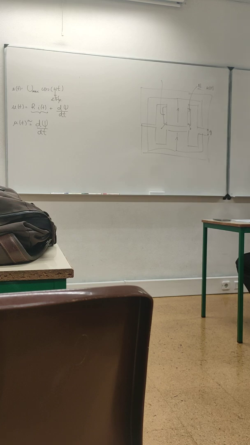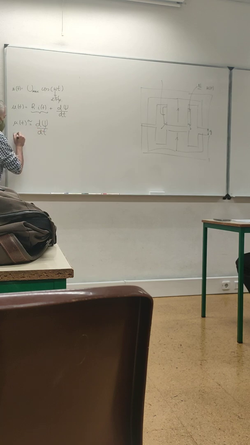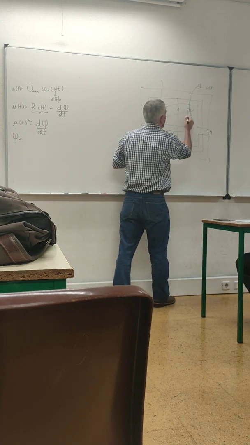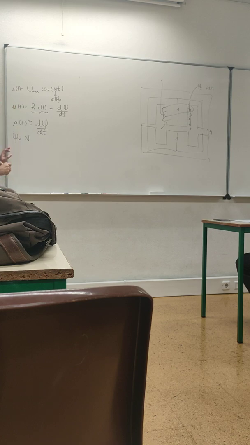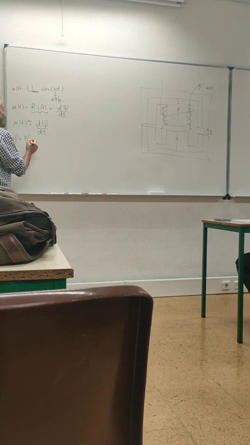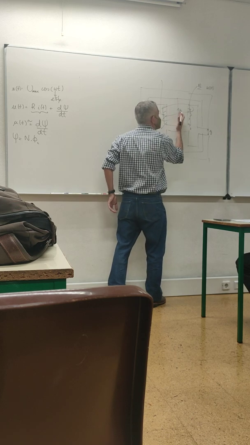Now, don't copy. You know that the flux that is linked, that is embraced by your coil, is your number of turns times the flux that is passing through the coil.